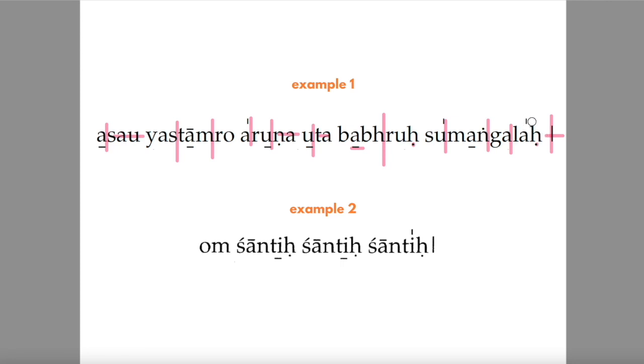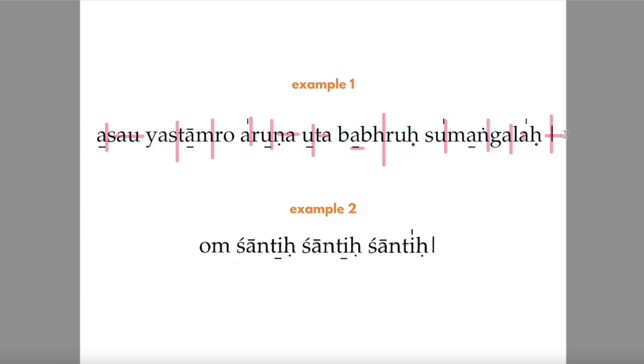Though this is going high, we apply the middle sound of the stretch part of so it becomes a. Su mang ga la ha. Su mang ga la ha. If there was an I sound or a u sound, we would say hi or hu. But in this particular case, there's an a sound. So we say ha.